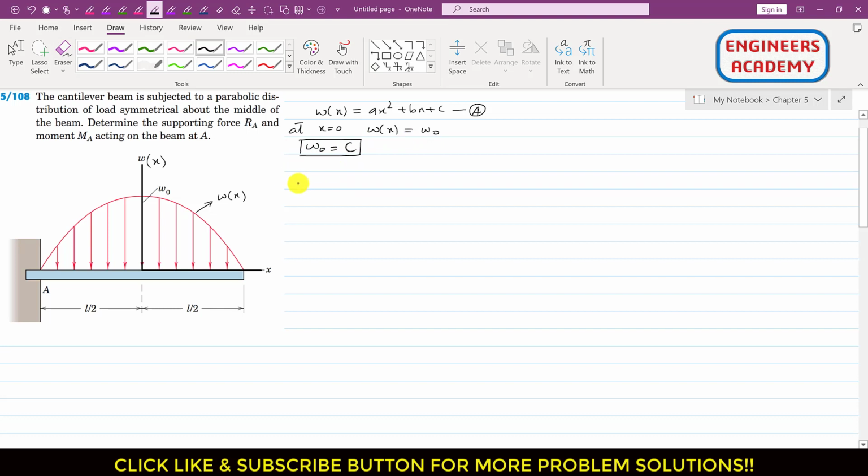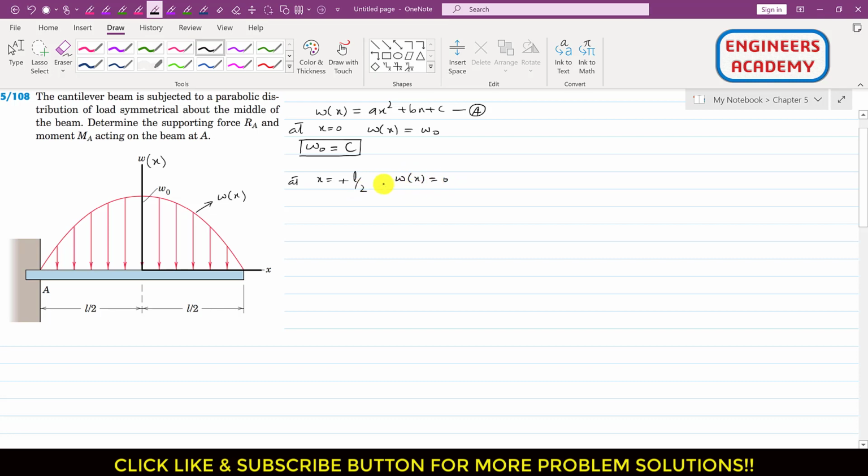Similarly, we can see that at x is equal to plus L divided by 2, at this particular point from this origin, the function value is 0, right? That is w of x equals 0.